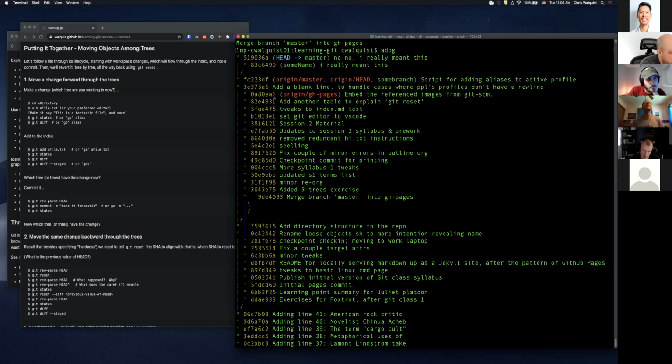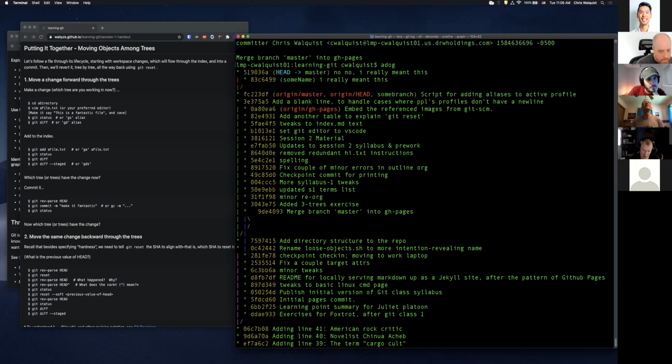And then there are these different references here to where origin state is, basically. That's something you can read but not write to explicitly. When you push and push successfully, the origin branches will get updated depending on which ones you push to.